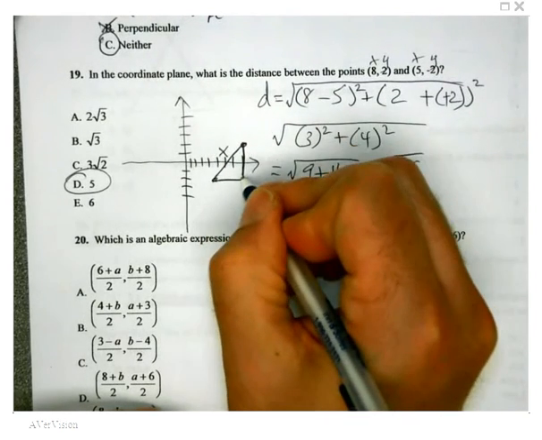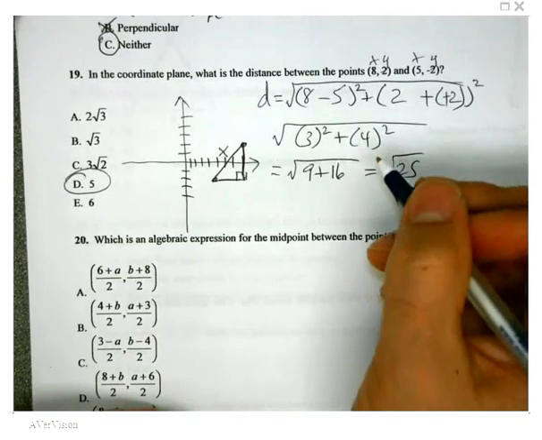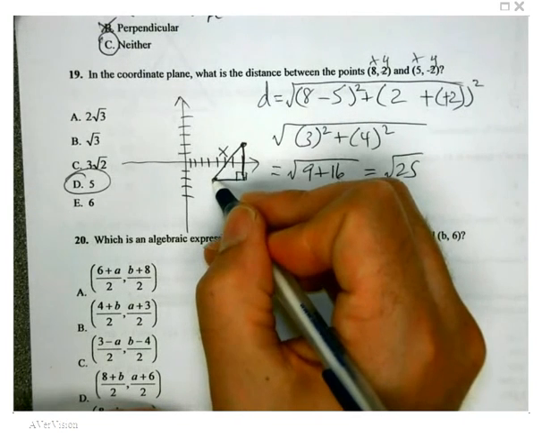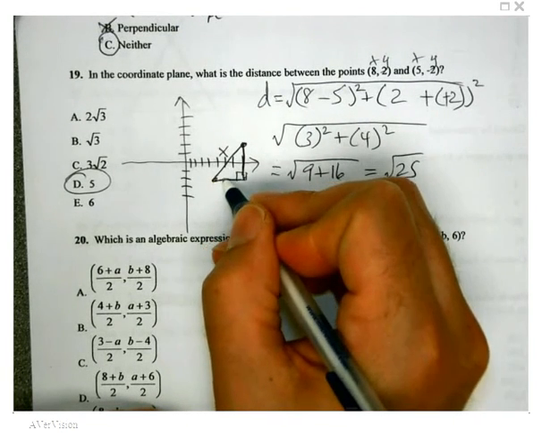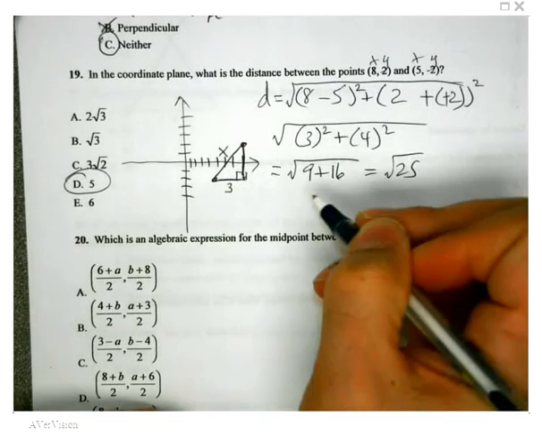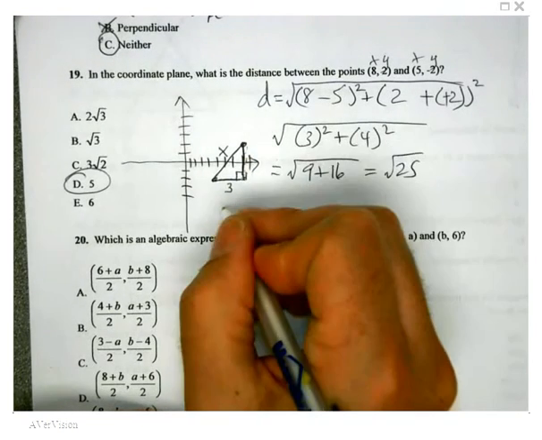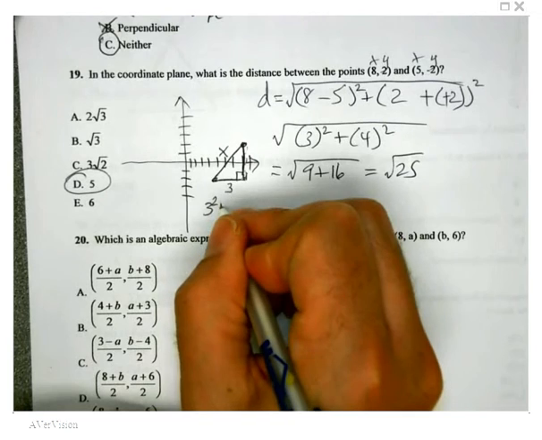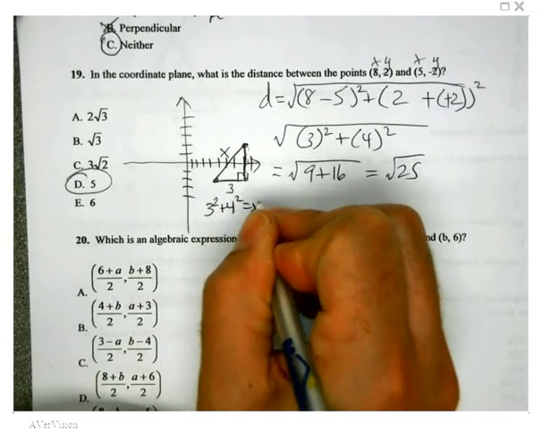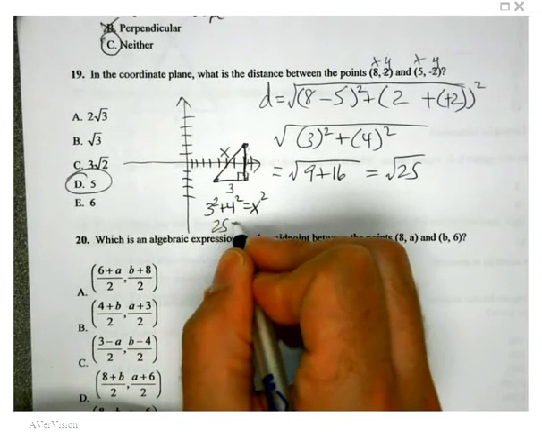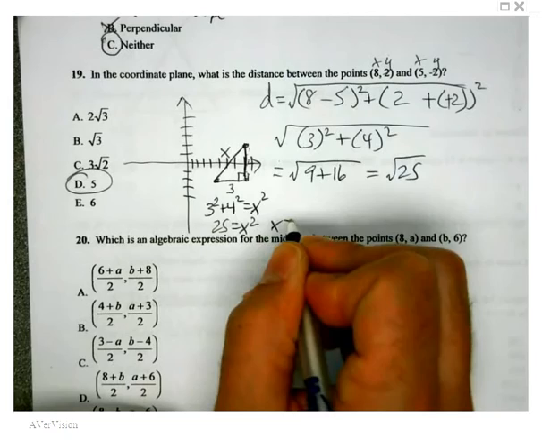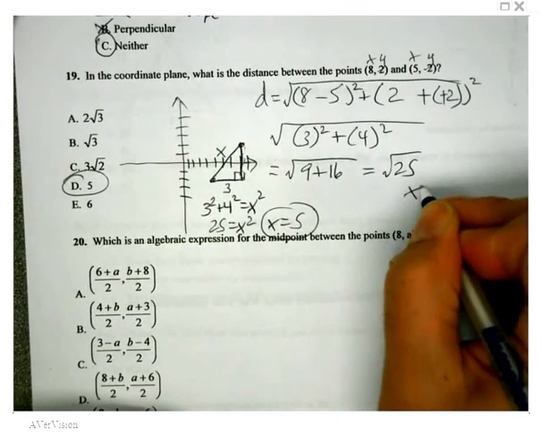And I drew a right triangle to go along with it. I could count and say, okay, 1, 2, 3 for one of my legs, 1, 2, 3, 4 for the other, and then just do 3 squared plus 4 squared equals x squared, and I get the exact same answer.